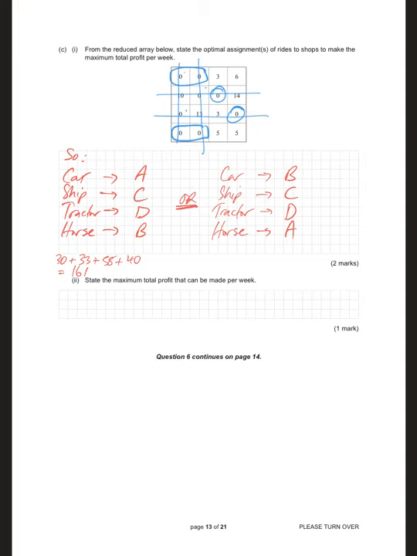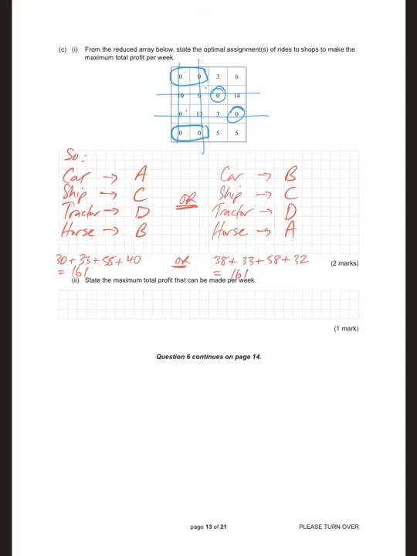It's always good to check that your totals add up. Otherwise you've done something wrong and you haven't actually found a multiple optimal solutions situation. So car doing B is going to be 38 plus ship doing C is still 33, tractor doing D 58, horse doing A 32. 38 plus 33 plus 58 plus 32 is also 161.